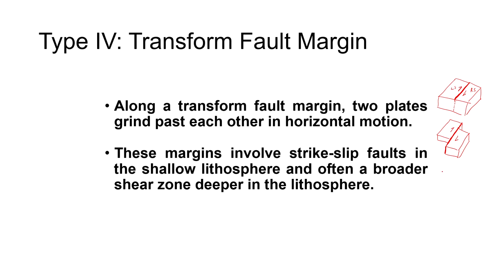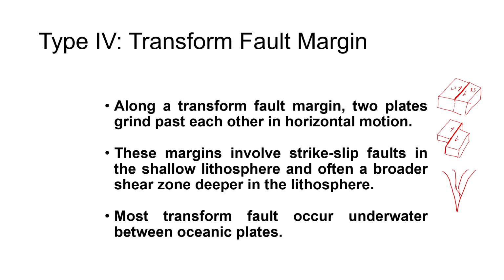Okay, for example, if I put here, then you have multiple faults which are coming up here, and at the deeper level you may have the convergence in the lithosphere side. Okay. So most transform faults occur underwater between oceanic plates. The study says that most of the transform faults are there because you have spreading centers and all that.